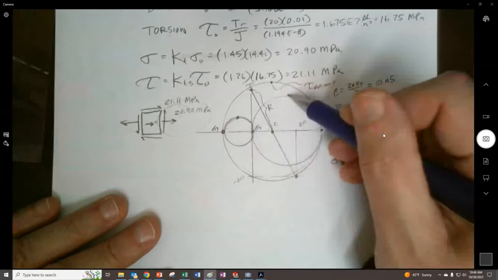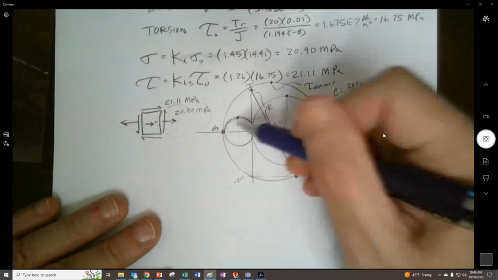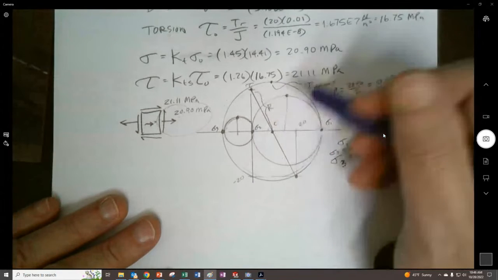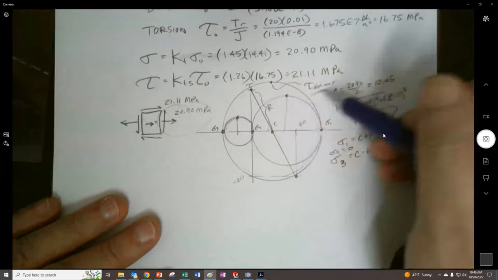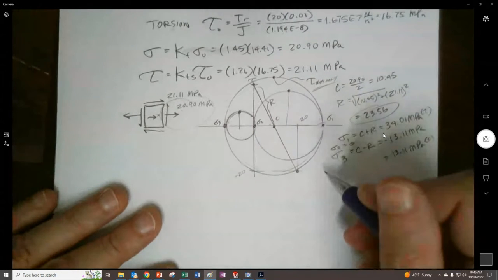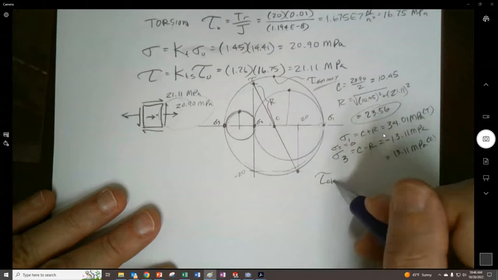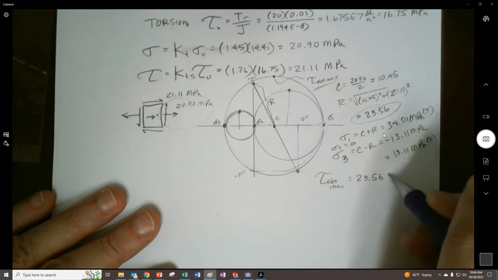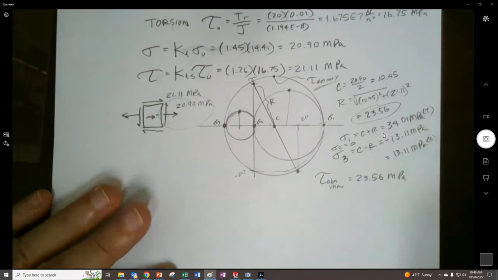Here are the other maximum shears that could be existing, but this is the absolute maximum because it's on the biggest of the circles. So I'll even write that down.